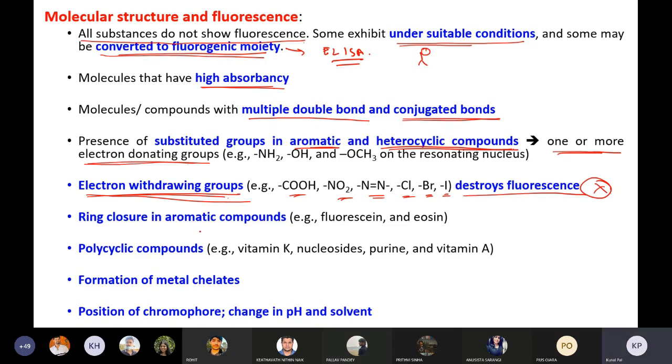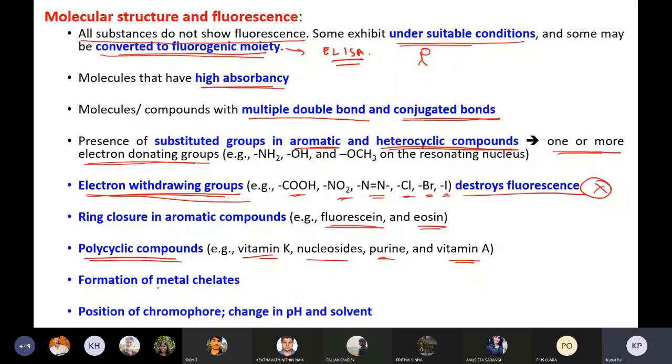Then ring closure in aromatic compounds can enhance the fluorescence activity. The examples are fluorescein and eosin, which are highly fluorogenic compounds. Then polycyclic compounds like vitamin K, nucleosides, purine, and vitamin A have been found to have fluorescence activity.